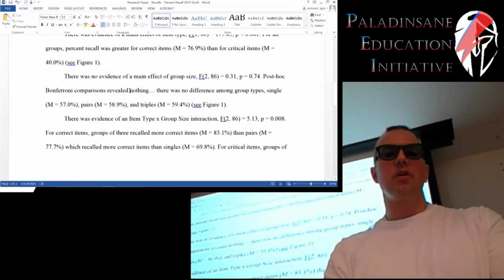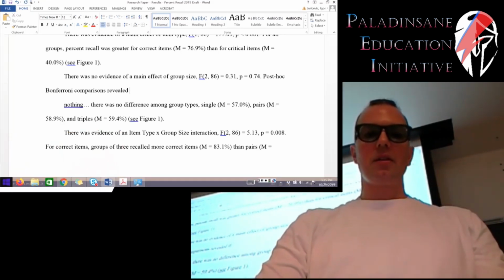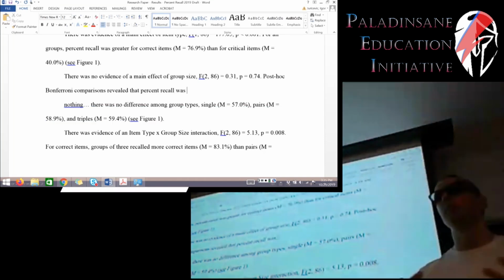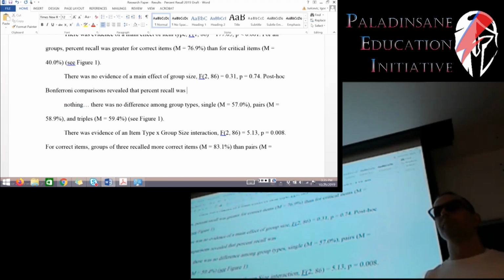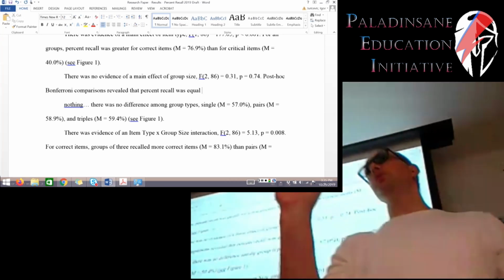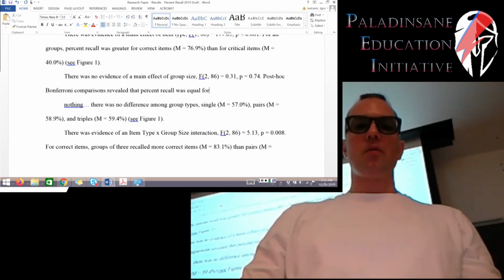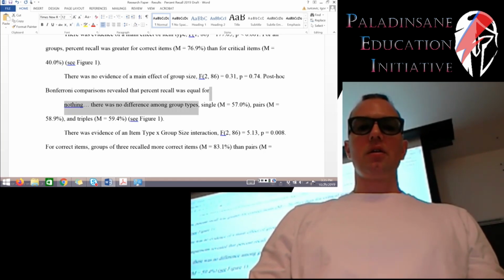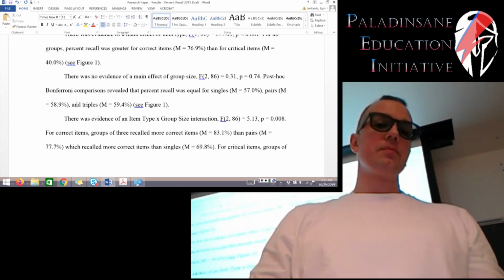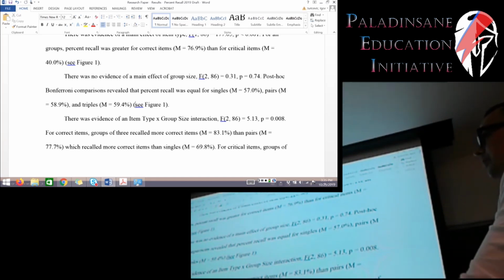So the Bonferroni comparisons revealed that percent recall was equal. And then instead of saying among group types, we do want to list the groups. So we can say revealed that percent recall was equal for singles, pairs, and triples. And that seems pretty good.